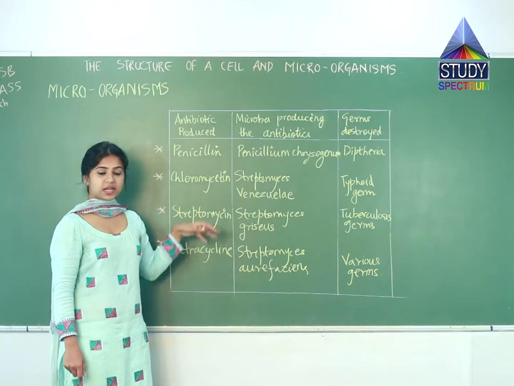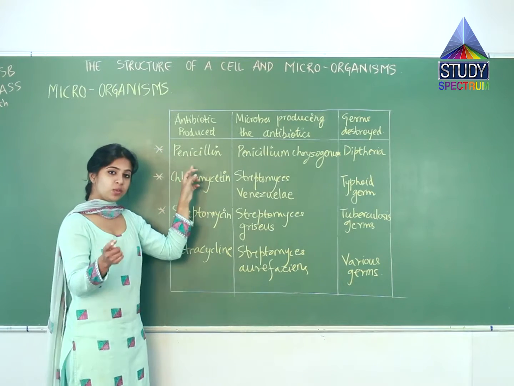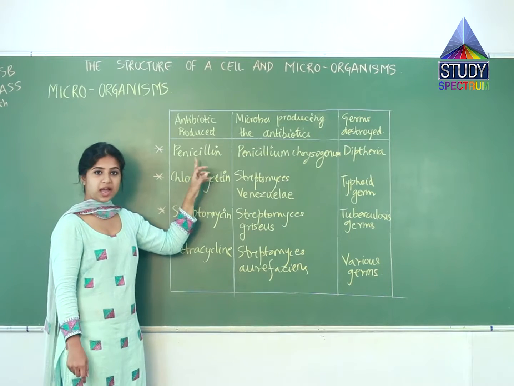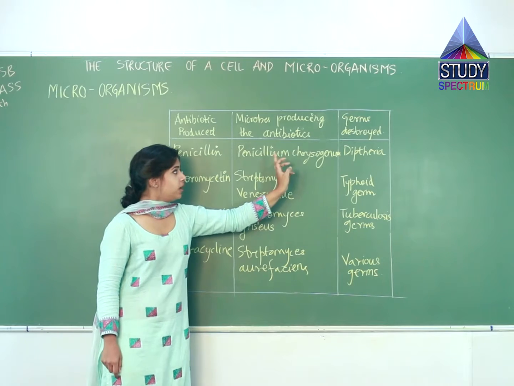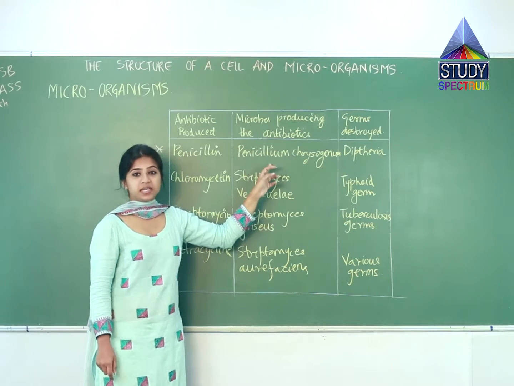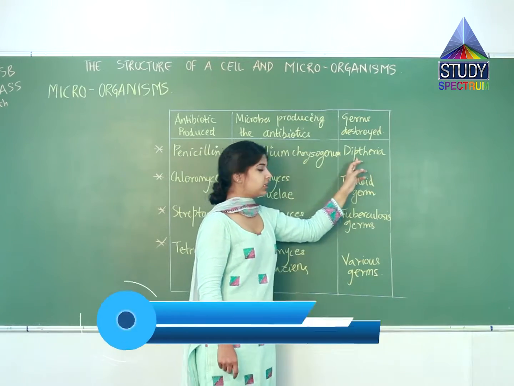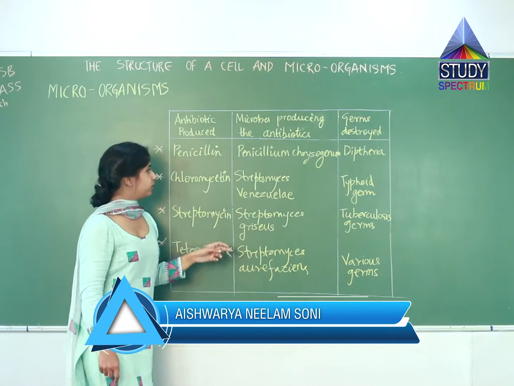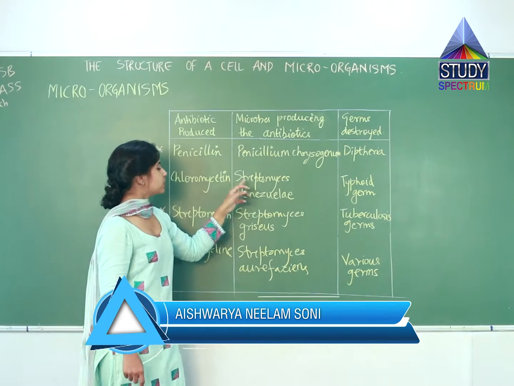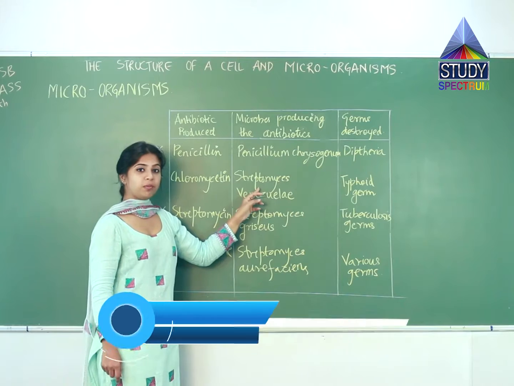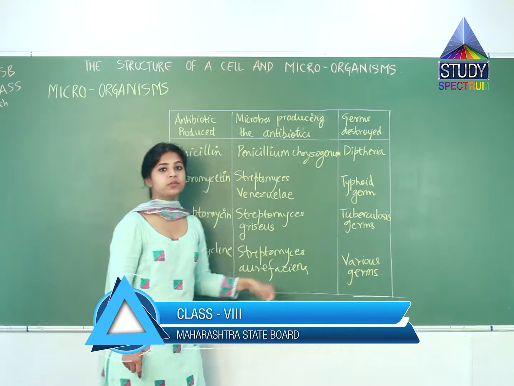So I'll just repeat this table again for you to go through the names. The first one we had was penicillin, the antibiotic produced by Penicillium chrysogenum to cure the disease of diphtheria. Then the second one we have is chloromycetin, made by the microorganism Streptomyces venezuelae, used to treat typhoid germs.